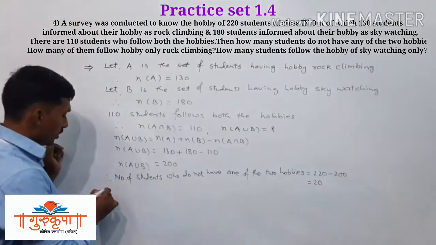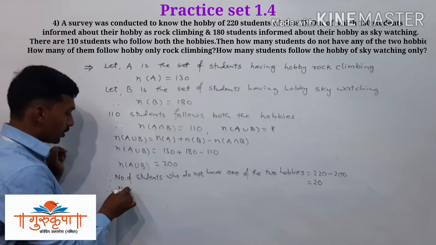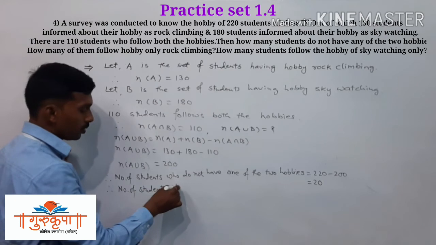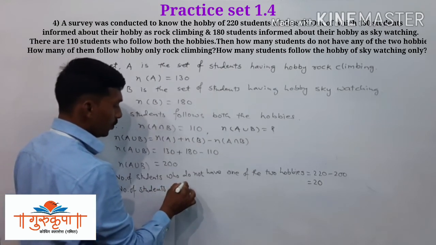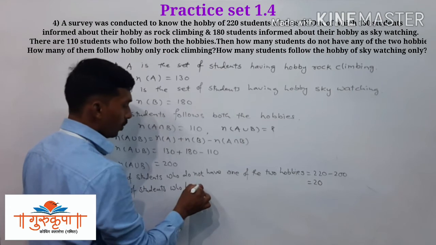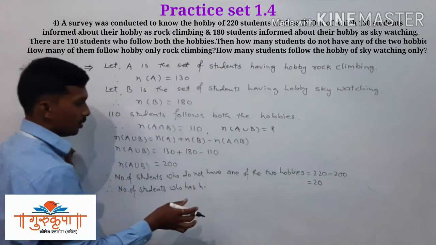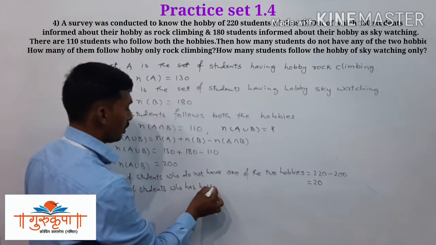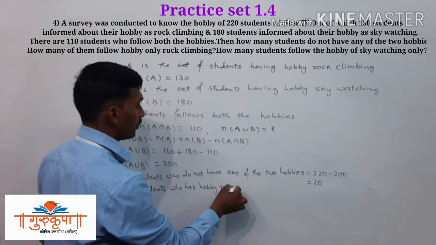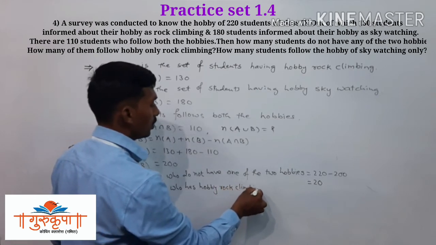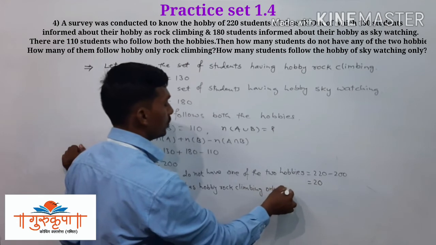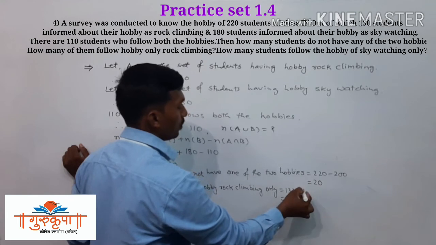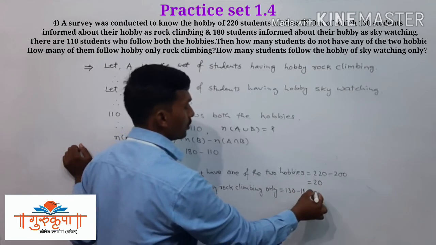So here we will write number of students who has hobby rock climbing only, that is equals to 130 minus 110, that is equals to 20 again.